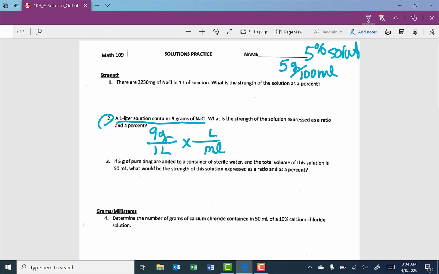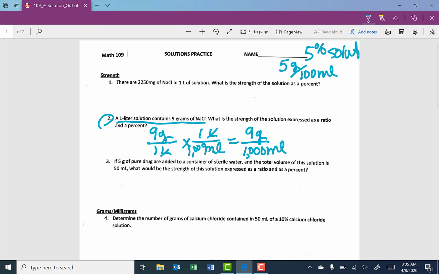The liter, so you put a 1 there. And then how many milliliters are in a liter? There are 1,000. We talked about this in class, 1,000. So if we multiply across, notice your liters cancel out, we get 9 grams over 1,000 milliliters.